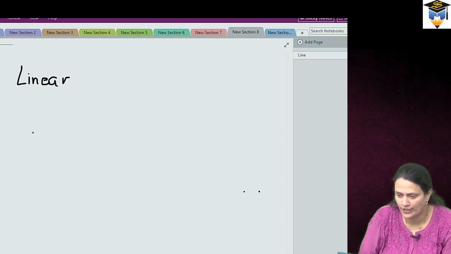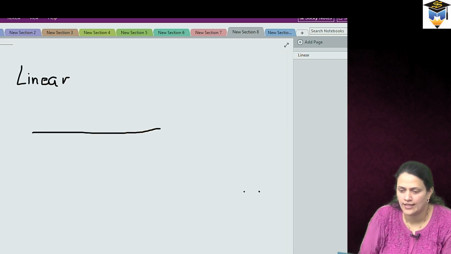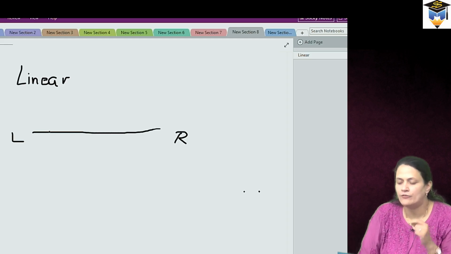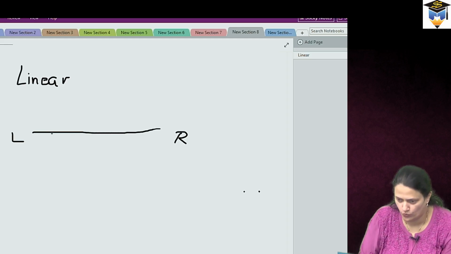So I am going to give an example over here. Let's say this is the left, this is the right. Okay, I will again repeat. When direction of face is not clear, then we take ourselves as below.